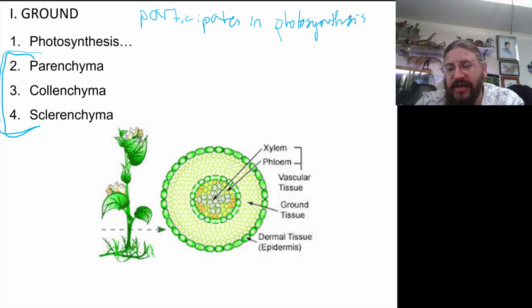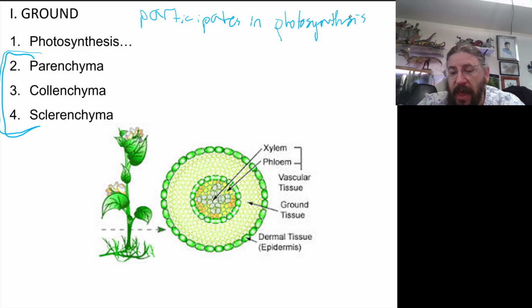Right? That's not all it does. Basically, because it participates in photosynthesis, this is the most common cell type in plants. But it also makes up the bulk of plant tissue. So we have a crap load of photosynthetic cells, but we also have other types of cells.